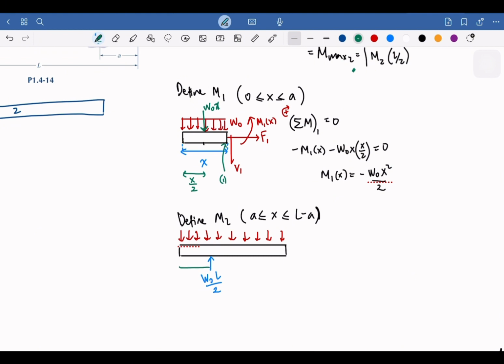And this will be distance A. This will be the V2, M2, and F2.